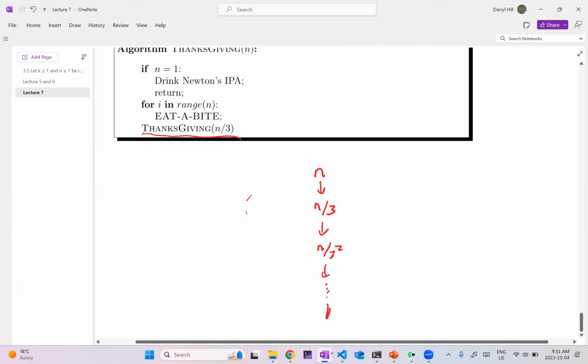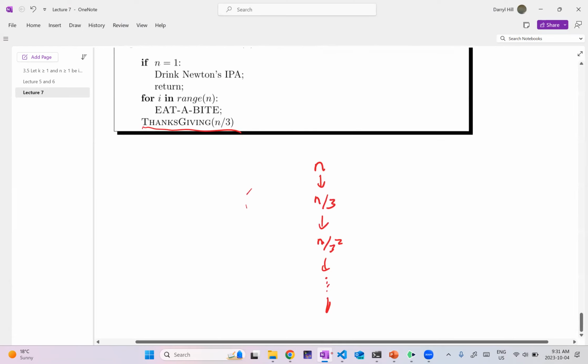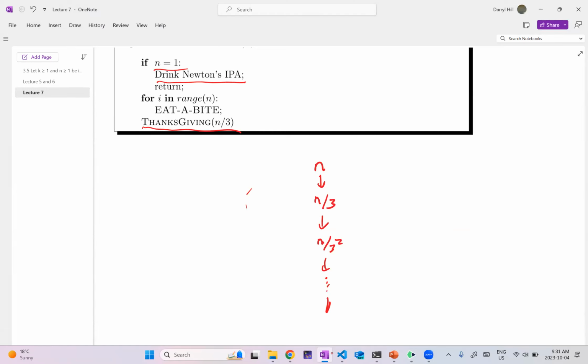In Mergesort, our recursion tree branched into 2 branches at every step, but in this case, we only make one recursive call. I drank a Newton's IPA in my base case, which you could think of as the leaves of your recursion tree. So here I drink a single IPA. Does that make sense? Questions? Okay.